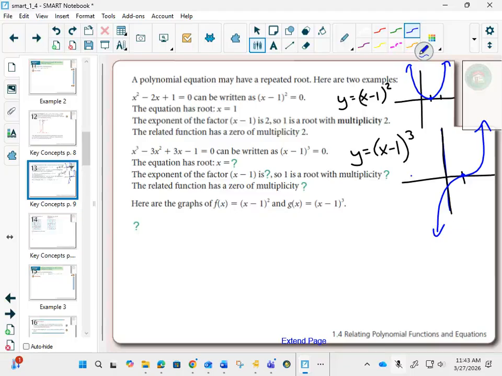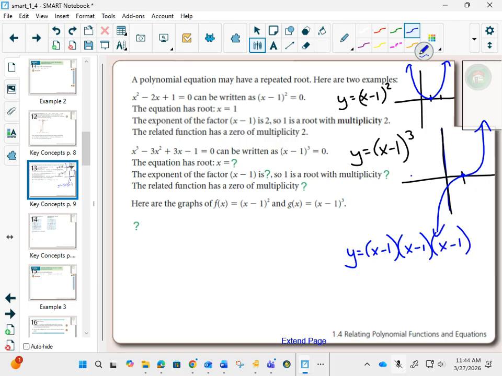So what is happening now is, if we were thinking about this x cubed graph, (x − 1)³, would you agree that I could have written it like this, (x − 1) 3 times?